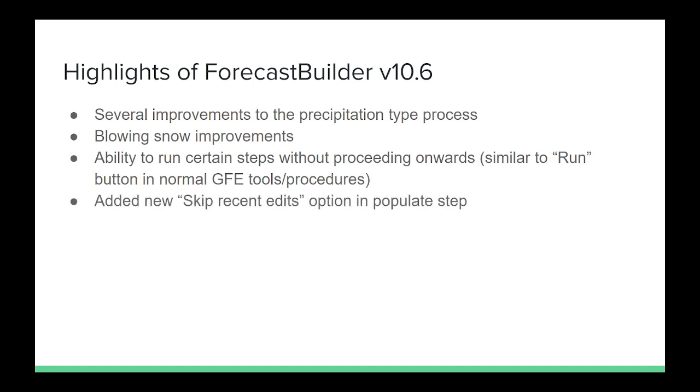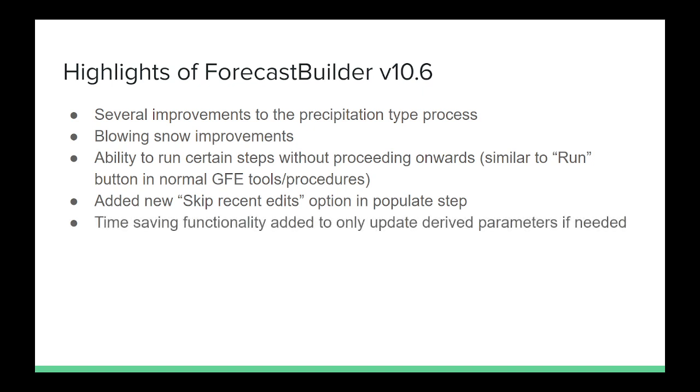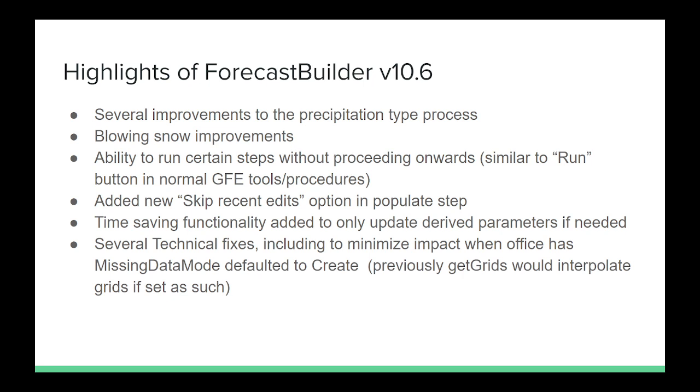There's a new skip recent edit option in the populate step. We've also added some time saving functionality to the derived parameters, think like apparent temperature, to help not recalculate them if they don't need to be recalculated. And then we've added several technical fixes, including the issue with the missing data mode equals create.